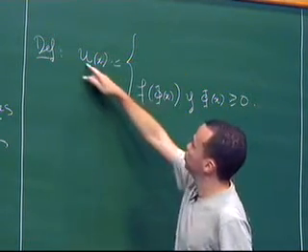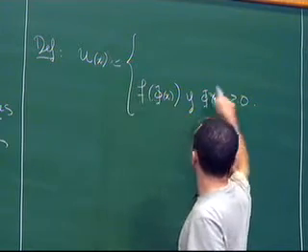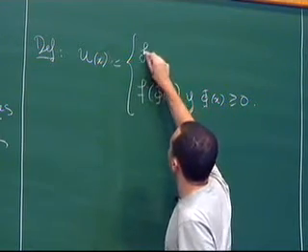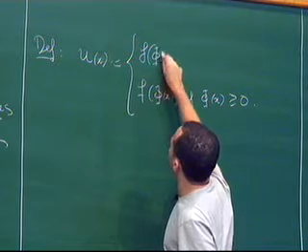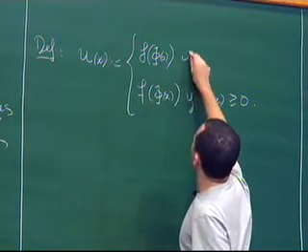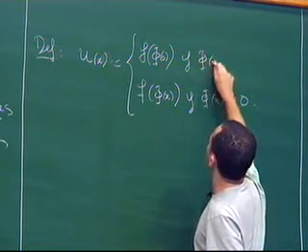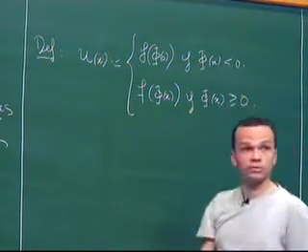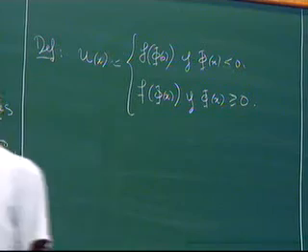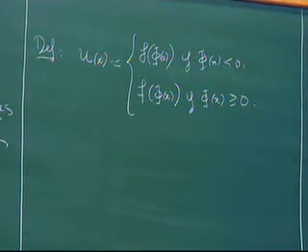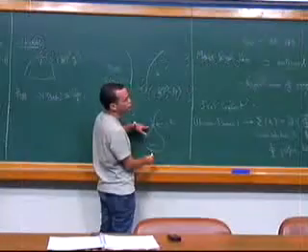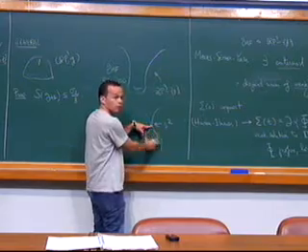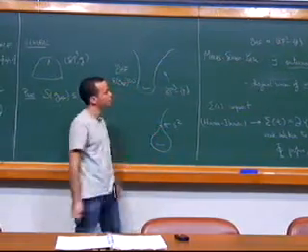And now just set u to be constant in the complement. So this is going to be f of phi of 0 if phi of x is negative. So that's the definition, right? So in this picture here, the function u would be constant in this domain.